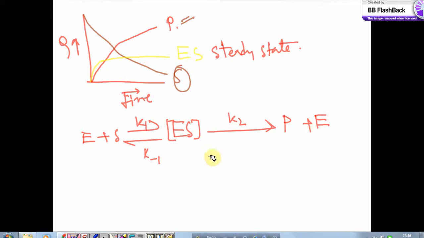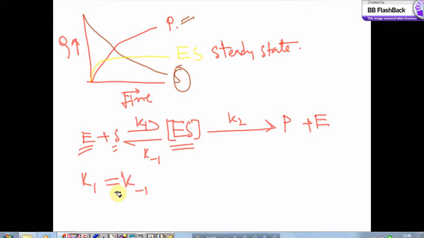According to Michaelis-Menten's equation, this ES formation is very fast, and it maintains a steady state level. That means the production of the enzyme substrate complex and its dissociation into the free enzyme and the substrate are the same. So the forward reaction and the reverse reaction rates are the same.